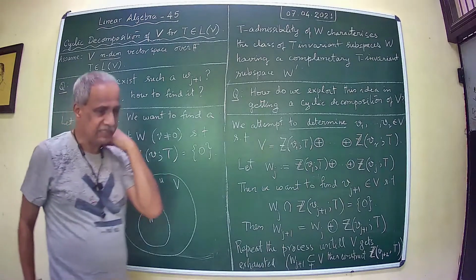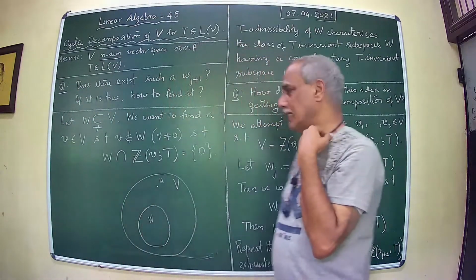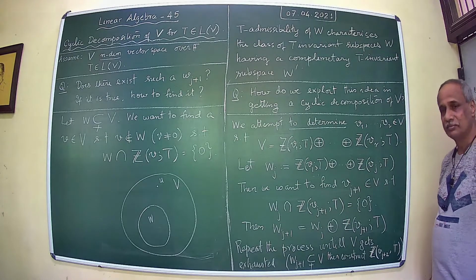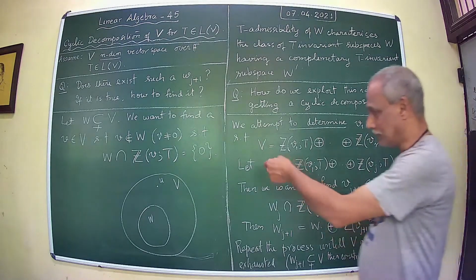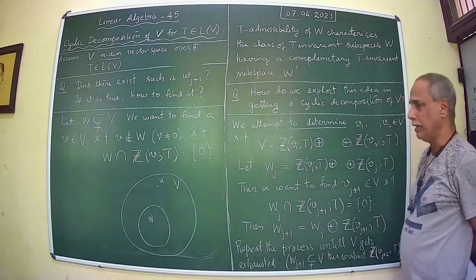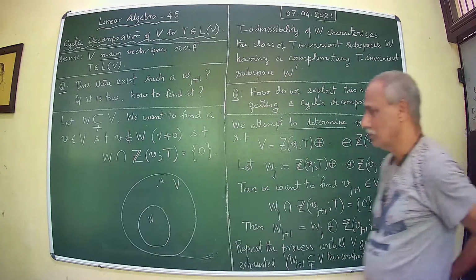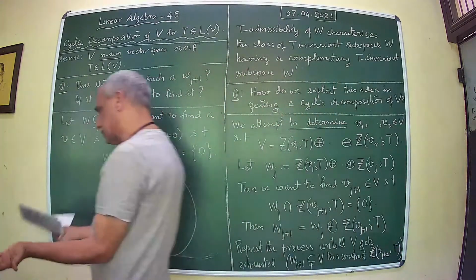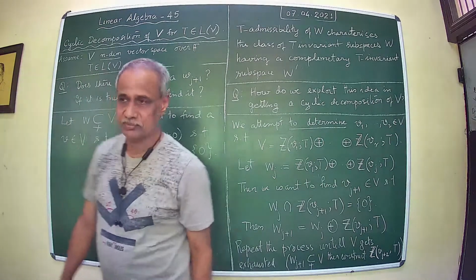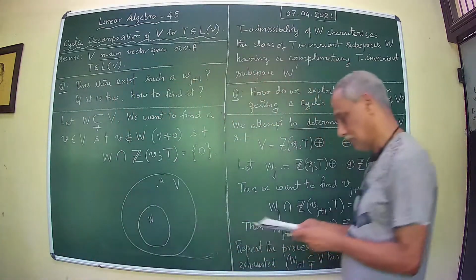Why is it not empty? Because at least it contains the characteristic polynomial of U. It maps every vector to 0, therefore in particular U is also mapped to 0. So there are plenty of such polynomials for which f(T)U is in W. Okay, right?